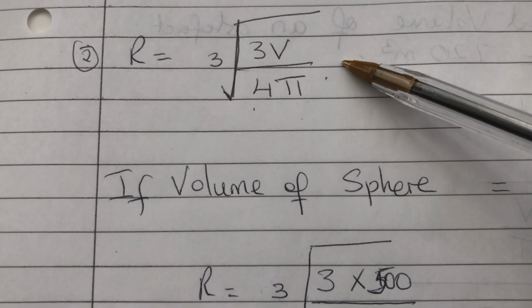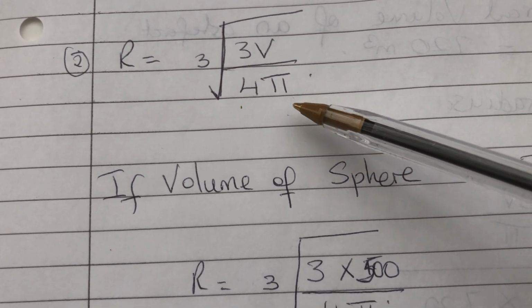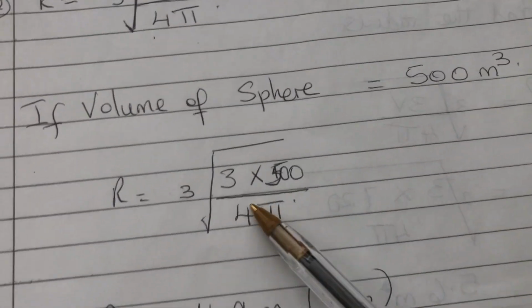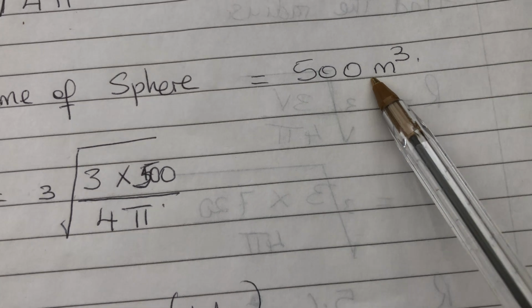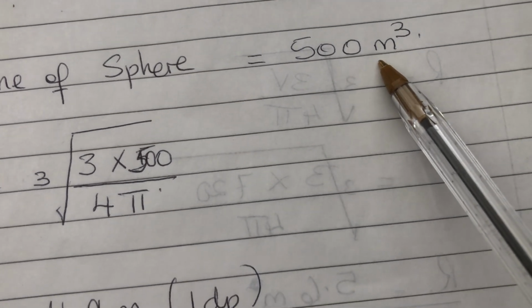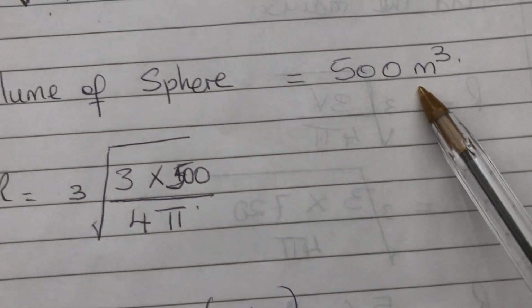Okay, 3v divided by 4 pi, and then you cube root it. Now your v is 500 meters cube, so your r will be whatever you get, in meters.